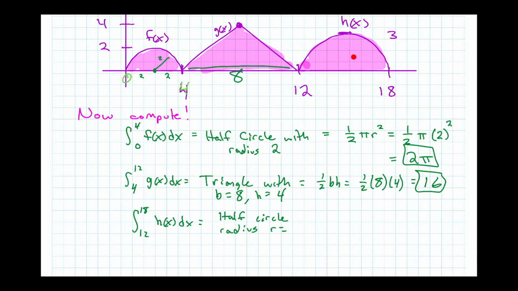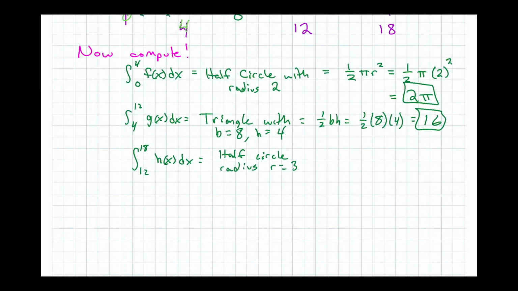So this is a half circle with a radius 3. So I'll just draw it like this. 3. So half circle with radius 3. Just like before, that's 1/2 pi r squared, 1/2 pi times 3 squared. So you get 9/2 pi. So 9 over 2 pi, I believe.